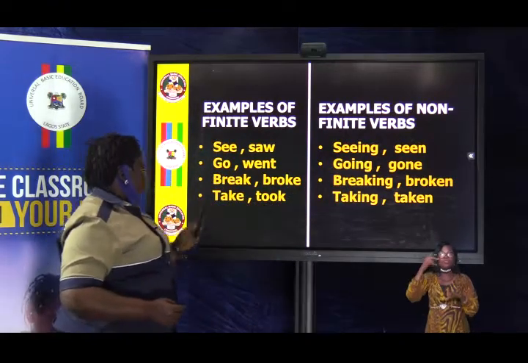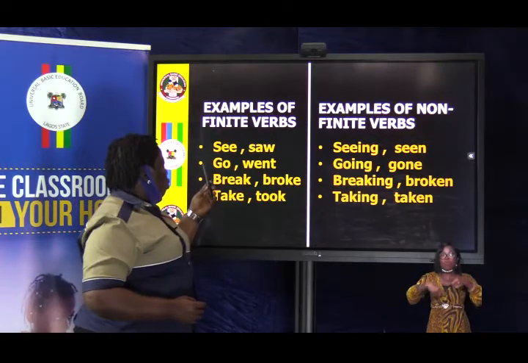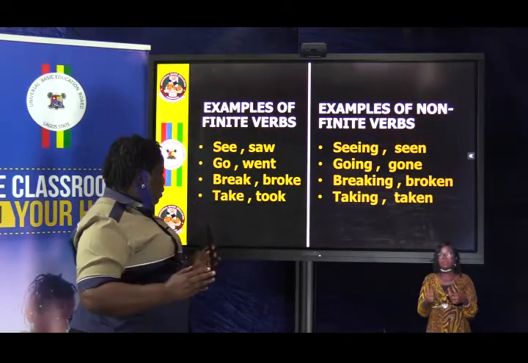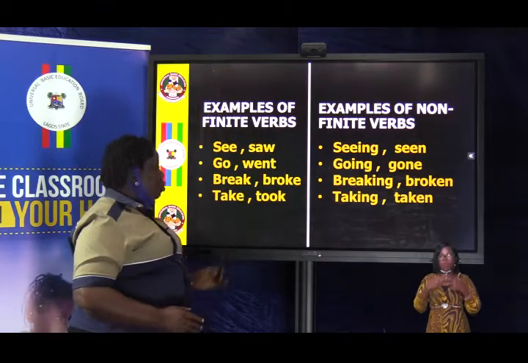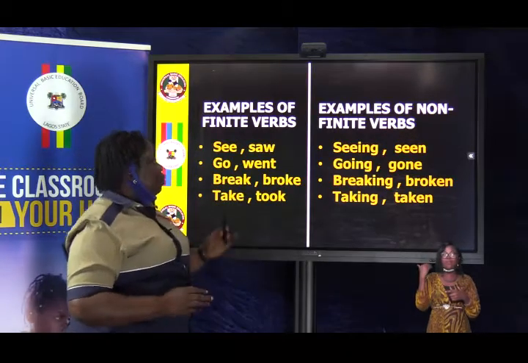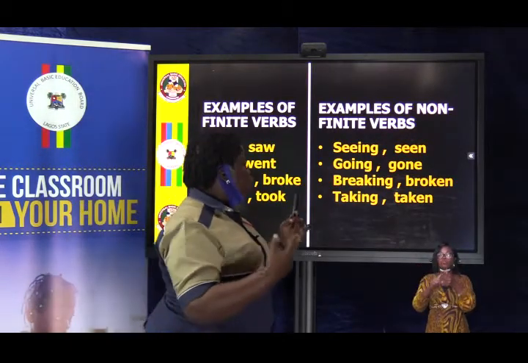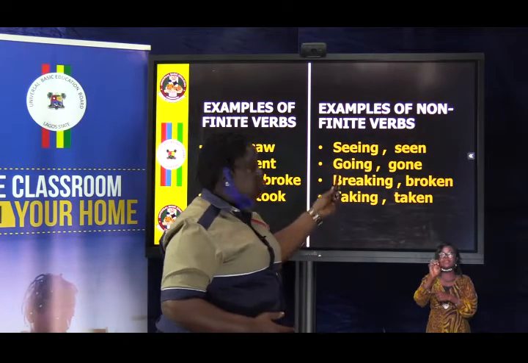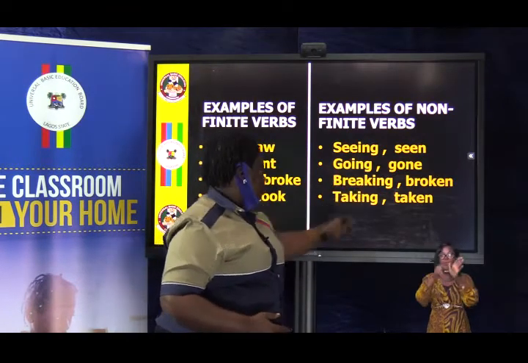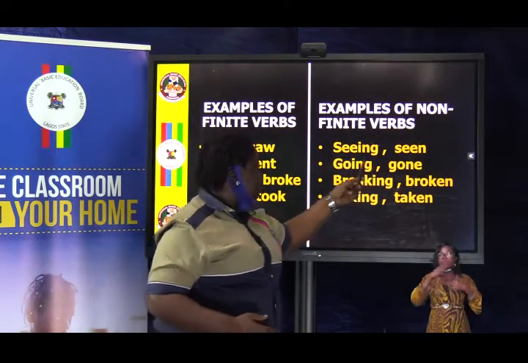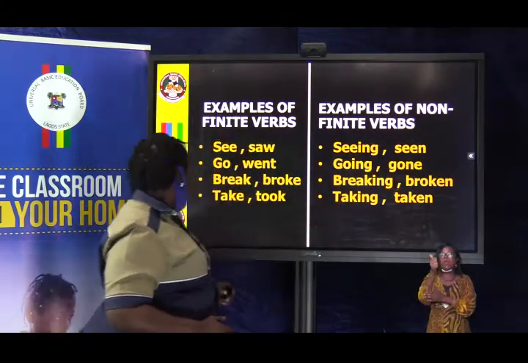Let's look at another word, go. The finite forms are go and went. When we want to turn them to non-finite verbs, it becomes going, gone, because they have to be helped by auxiliary verbs.